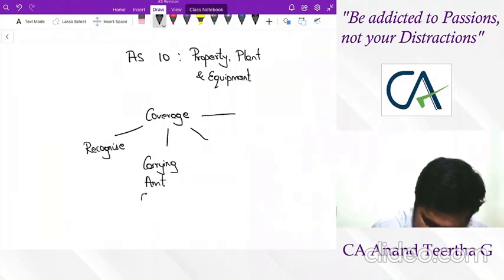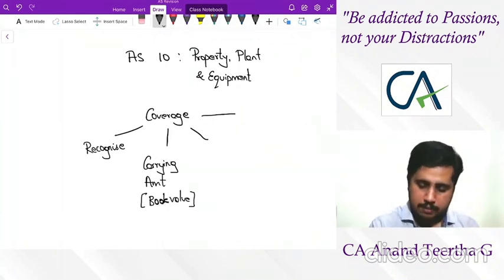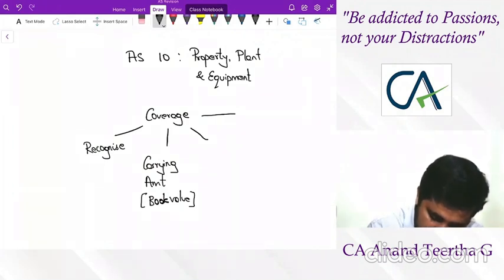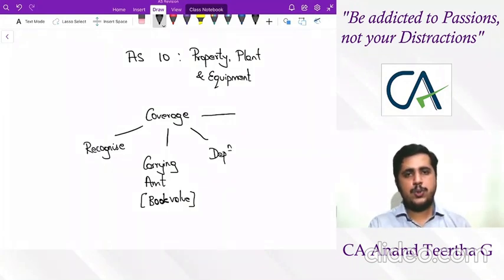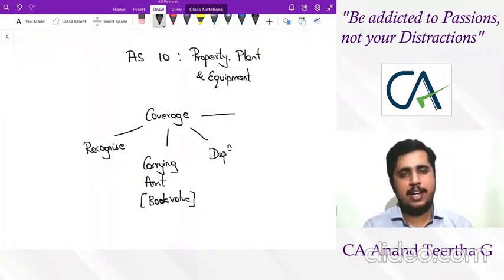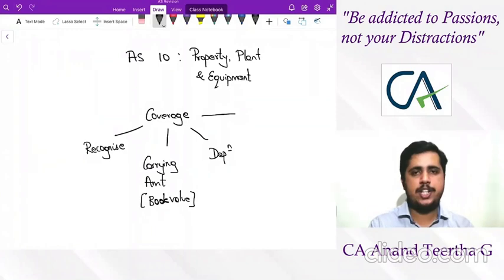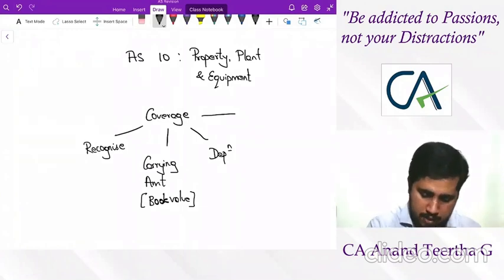Now carrying amount basically means book value. How do you derive them? Third one, it talks about how do you go for depreciation mechanism. Earlier there used to be a standard called AS6, but now it is not there. Even depreciation is covered by AS10 itself.